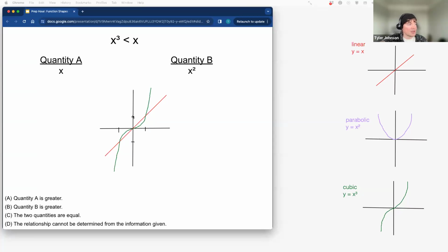The green line is below the red line right here and right here. In other words, having this visual allows me to determine that the domain of x, that is the values that x could possibly be, is either going to be positive fractions or negatives that are more negative than -1.